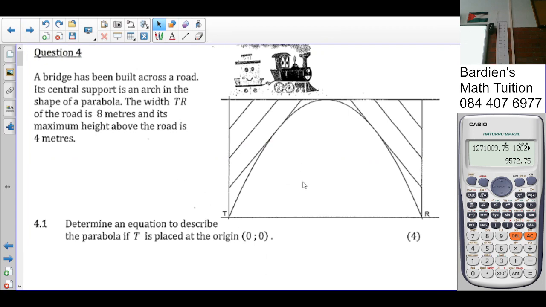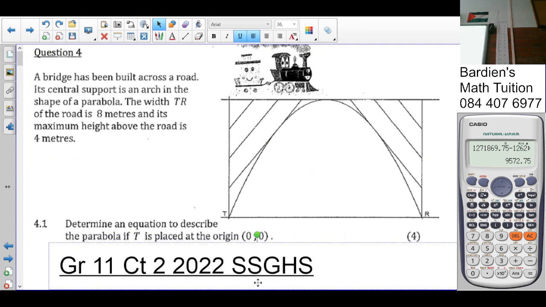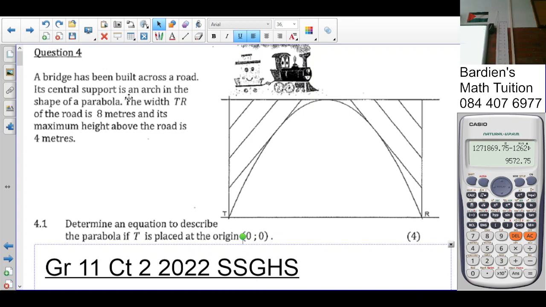Question 4, our favorite question here on the paper. A bridge has been built across a road. Its central support is an arc in the shape of a parabola. So if it sits in the shape of a parabola, all the information you know about parabolas is going to come into play. The width TR of the road is 8 meters.